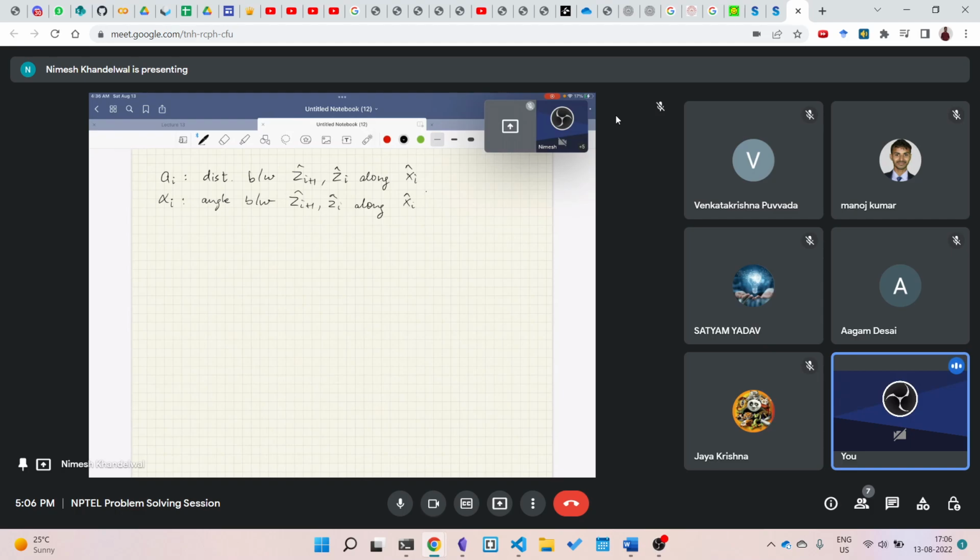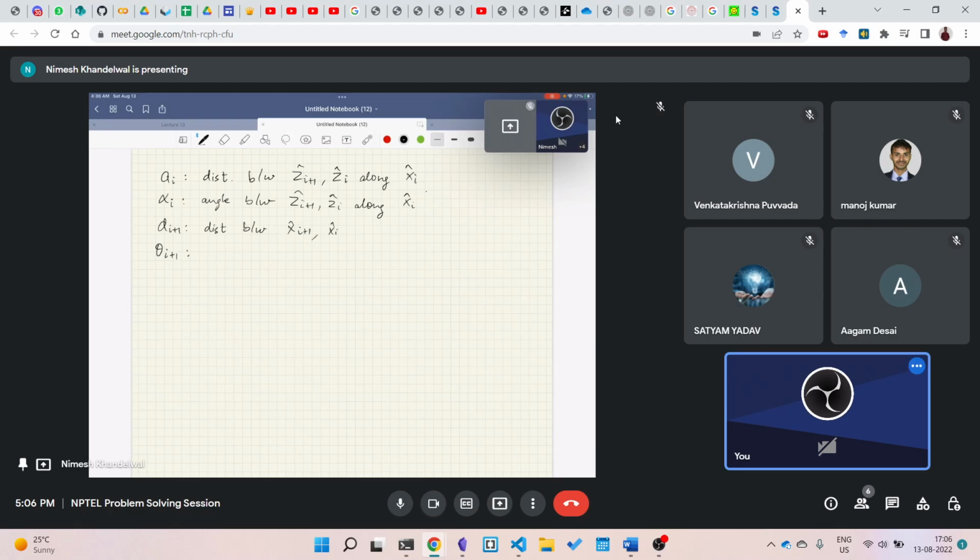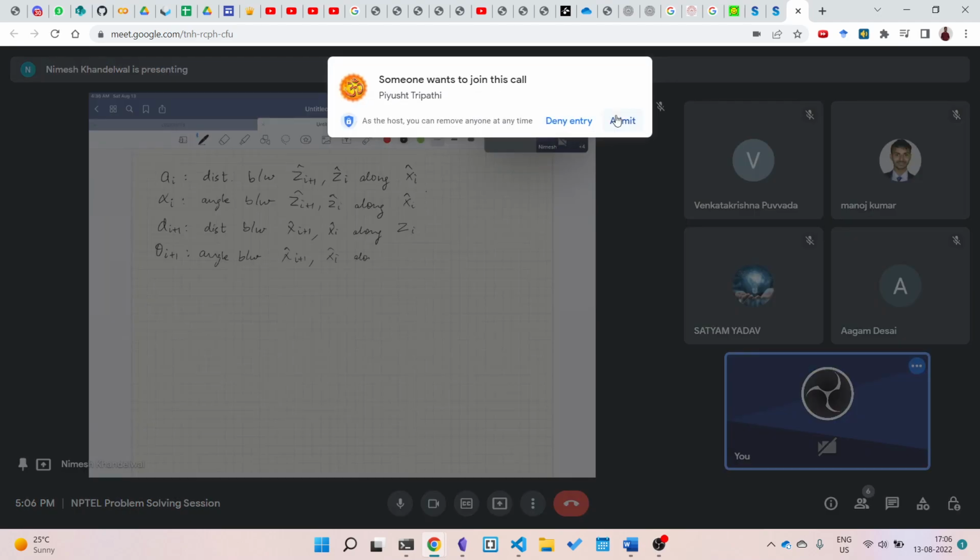The remaining two parameters were d I plus 1 and theta I plus 1. The distance between Xi plus 1 and Xi along Zi, and the angle between Xi plus 1 and Xi along Zi plus 1.